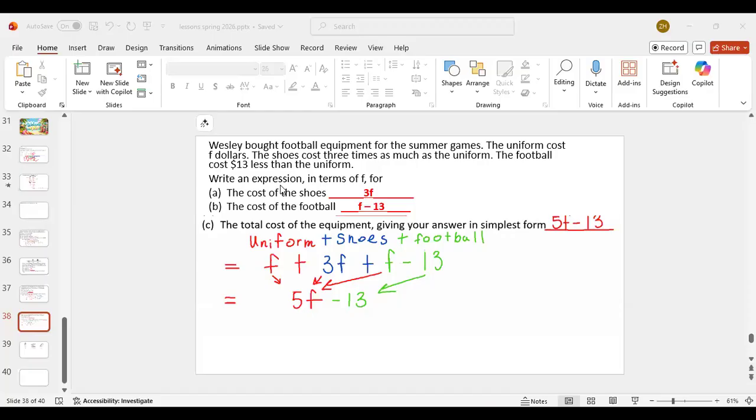Let me make a copy, and we should be right on our way. So take a picture of your work and send it to me via WhatsApp. Again, take a picture of your work and send it to me via WhatsApp. I need to see everyone's notes on this, and then we're going to wrap it up with this quiz.